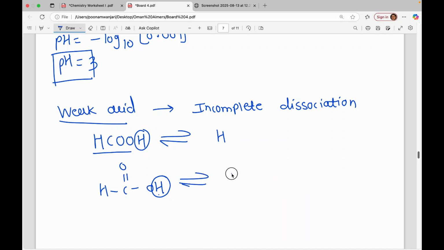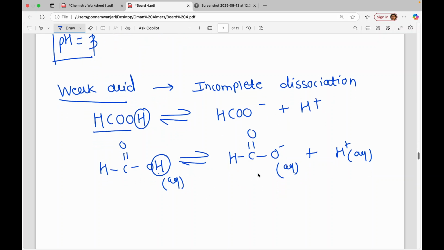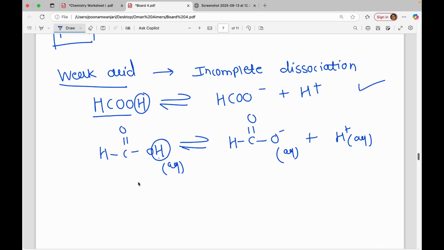So it will be HCOO minus aqueous plus H plus aqueous. So in this form we can write HCOO minus plus H plus. Just to make it more clear, I told you like this, but it is not needed. This is the correct way.